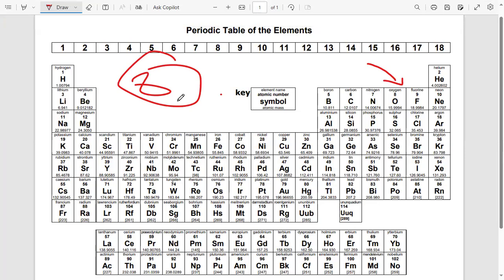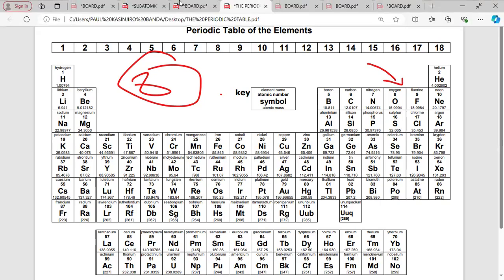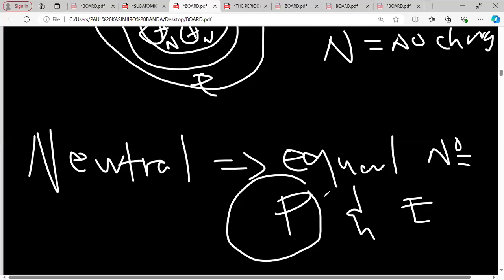But the number of electrons and the number of neutrons can differ, okay? But the number of protons is constant, and it tells you the identity of the element, okay?